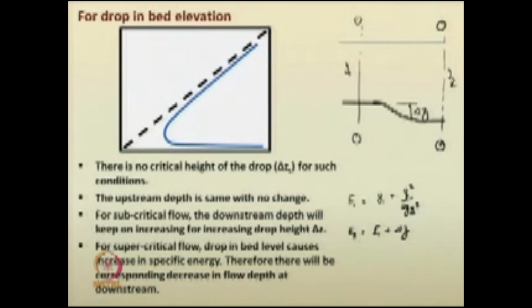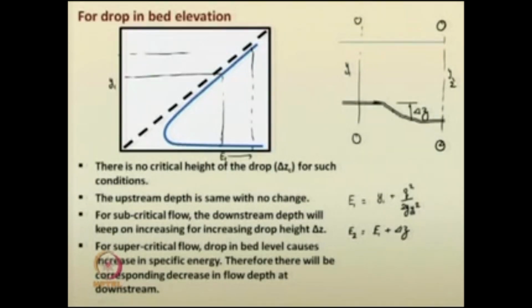Then you will see that E2 is greater than E1. So, if this was the E1 condition, see E1 corresponding depth y1, then you have to increase it, you will get the corresponding depth of flow y2.